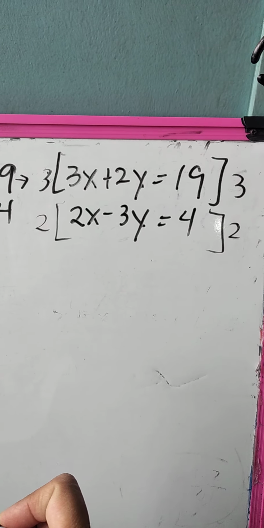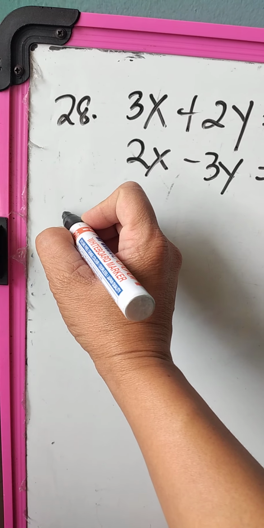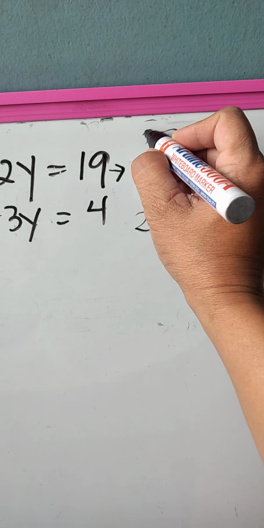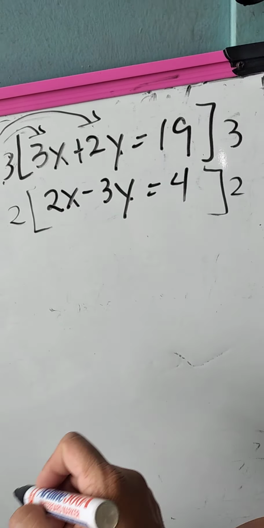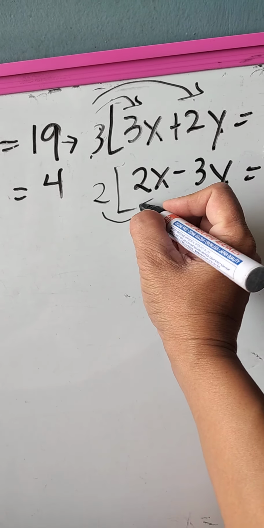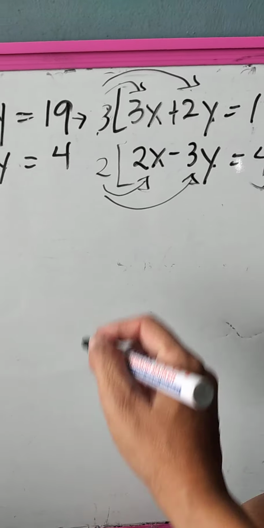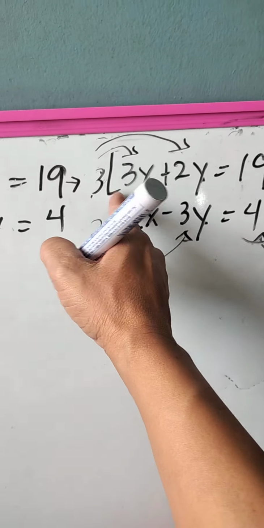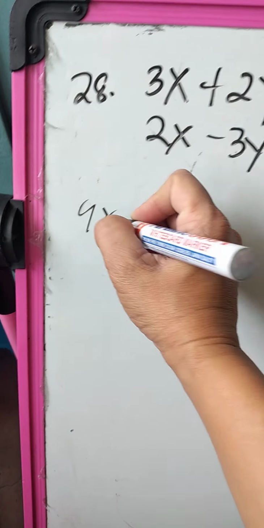There you go. So I will write my new, or derived, equations here. You distribute: multiply the 3 to every term in the equation. Same here, multiply the 2 to each term. Now write your answer. 3 times 3x will give you 9x.